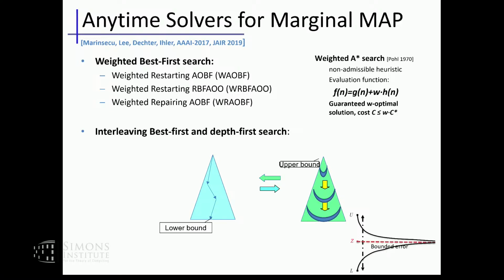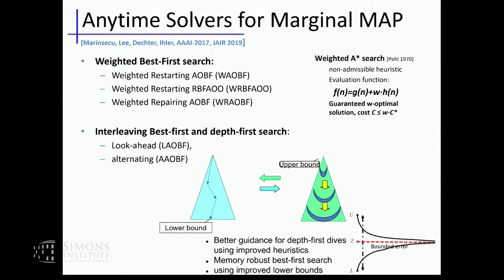One is generating an upper bound, one is generating a lower bound, and we do it in a variety of sophisticated ways, using look-ahead methods, alternating, and so on. All this is easy to say fast, but it requires significant work and an empirical evaluation to see what is working.